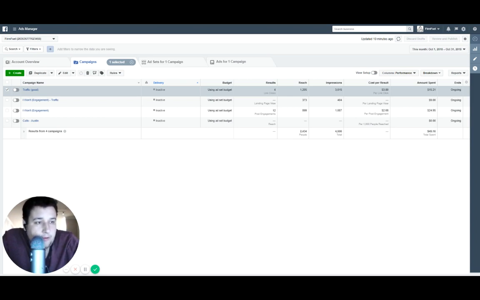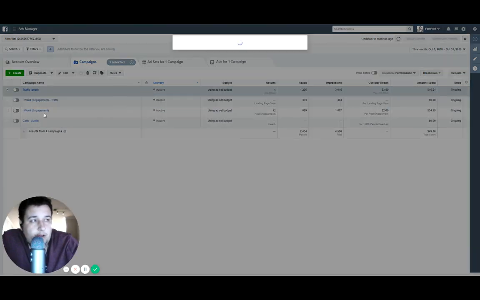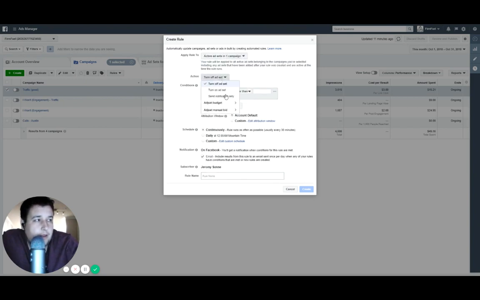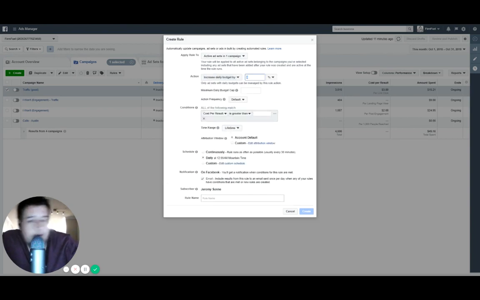There is a smart way of scaling, though, and you can do it one of two ways. Number one, you can create an automated rule and just have it slow scale. You can have it adjust budget, increase daily budget. I'm at the campaign level, active ad sets in one campaign, and I would say adjust budget, increase daily budget by 10%.